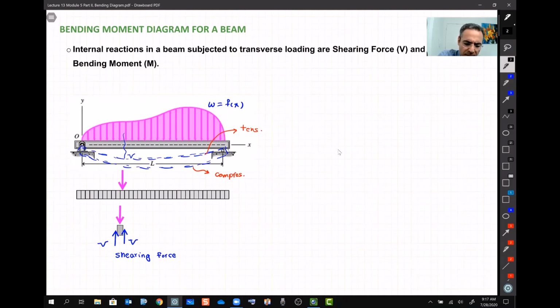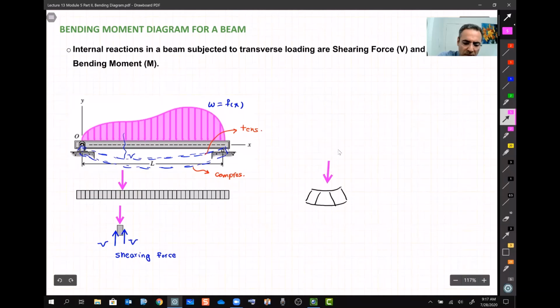So as I said, we draw a section of this beam, and over here I'm just drawing it bigger so you could see what's happening. And this portion, again, because of the load, is going to bend like that.